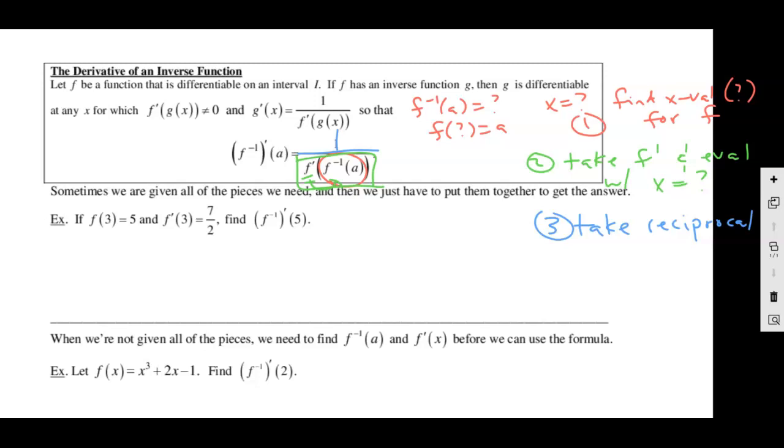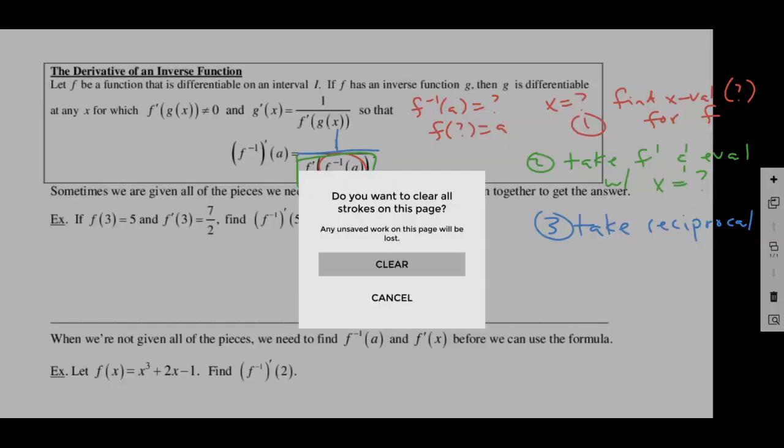It's kind of a weird little process, but mathematically nothing super hard. It's just weird remembering what to do. Yeah, the formula is a little bit ugly. The process, I think it's easier to just remember the process than the formula. But there you have it. That is how you can take the derivative of an inverse function.